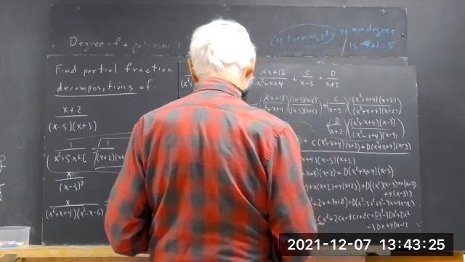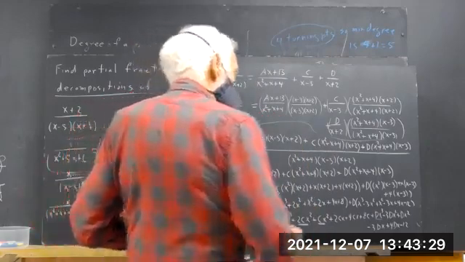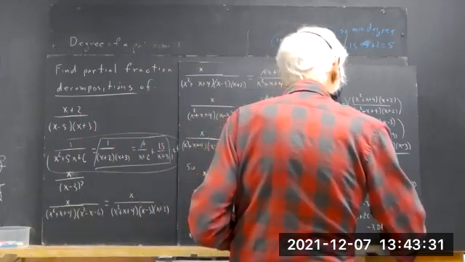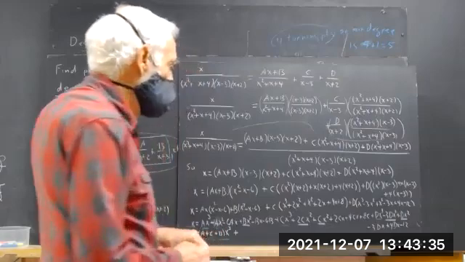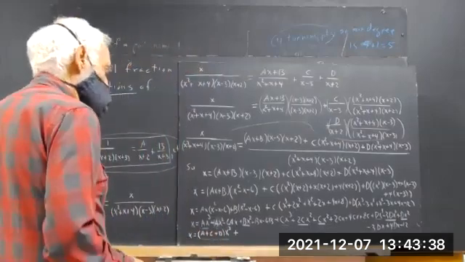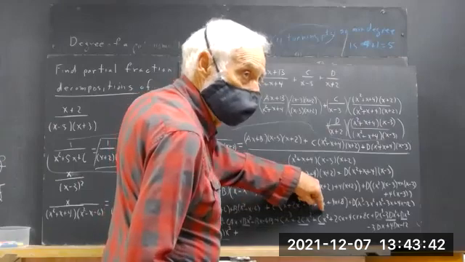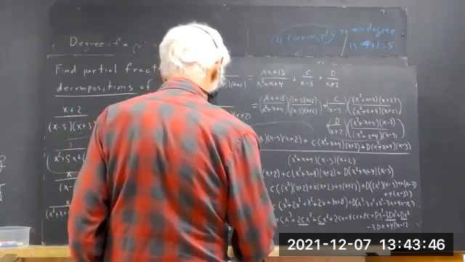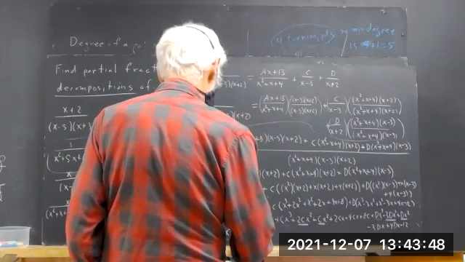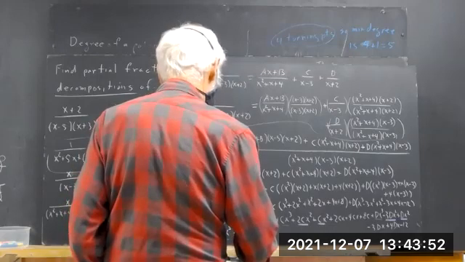And over here, I've got an x squared here and an x squared here, right? So it looks like I've got a 2cx squared and a cx squared, which is 3cx squared.